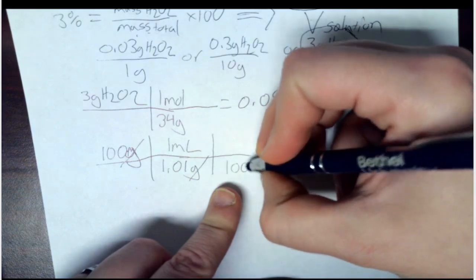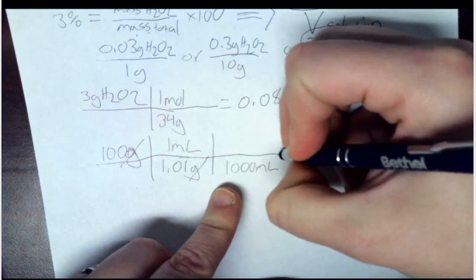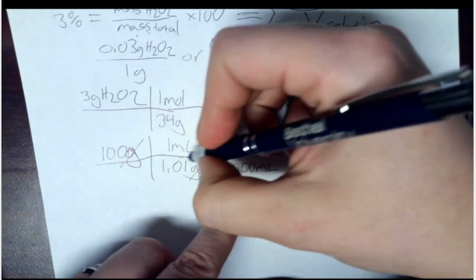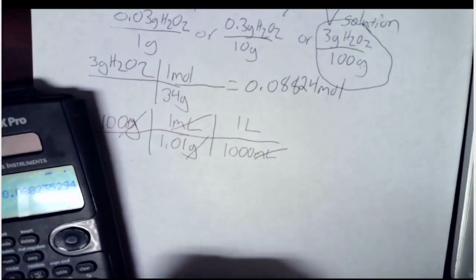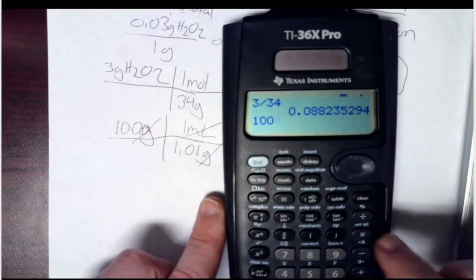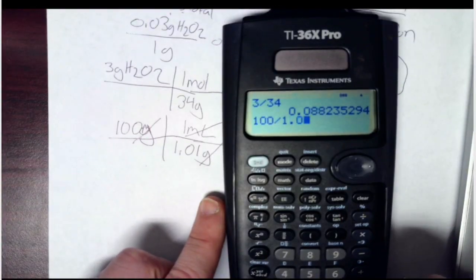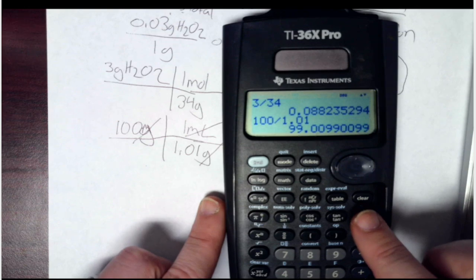There is 1,000 milliliters in 1 liter. Milliliters and milliliters cancel. So 100 grams divided by 101 gives me about 99 mils.